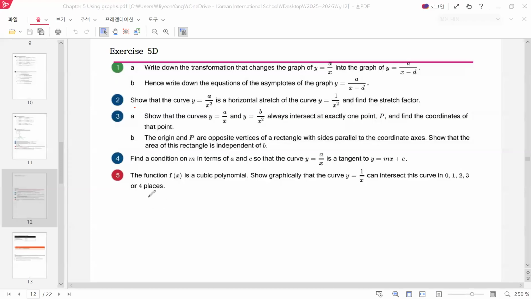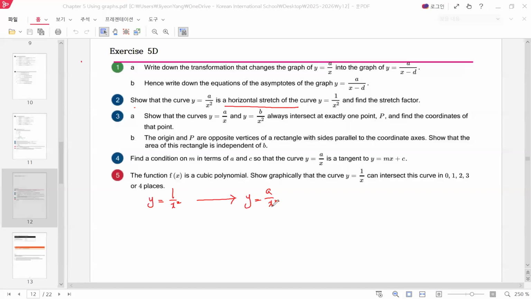Show that the curve y equals a over x squared is a horizontal stretch of the curve y equals 1 over x squared. Okay, the other way around. So y equals a over x squared, because this graph is horizontally stretched to y equals a over x squared, right?